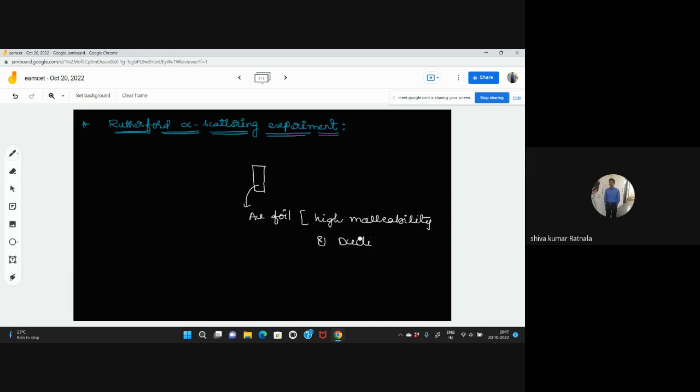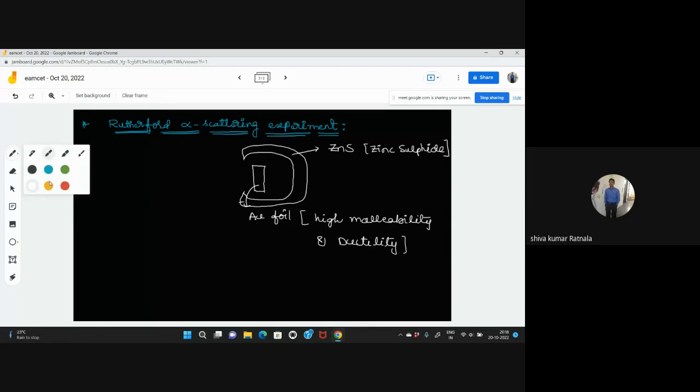This fluorescent screen is made up of zinc sulfide, ZnS, in which the zinc oxidation state is +2 and the sulfide oxidation state is -2.